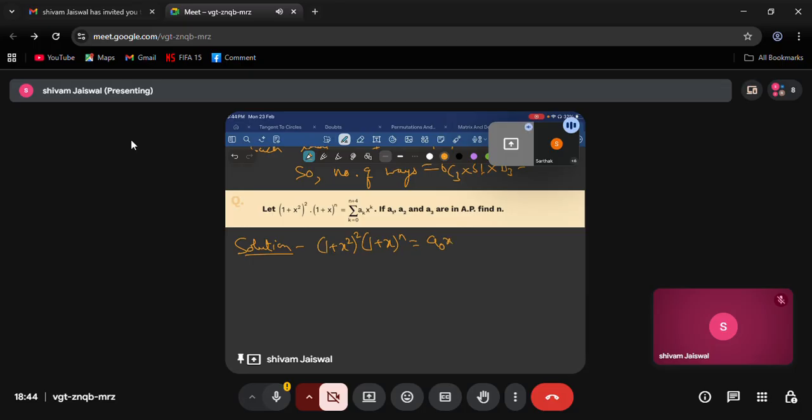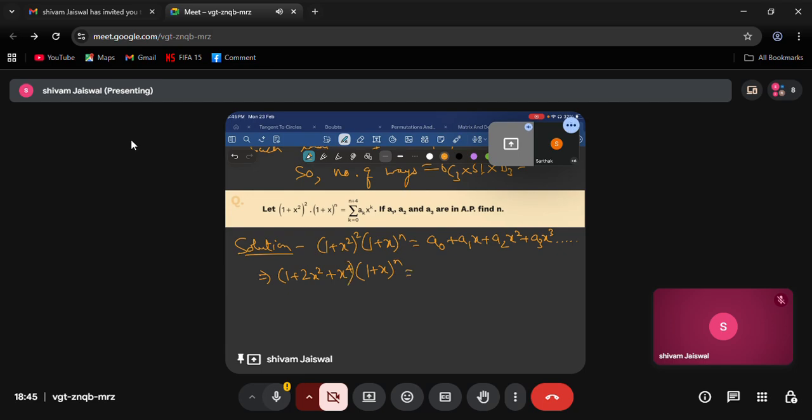A0 x to the power 0, that is a0, plus a1x plus a2x square plus a3x cube plus so on. And on the left hand side, what have we got? 1 plus 2x square plus x to the power 4 into 1 plus x whole to the power n.